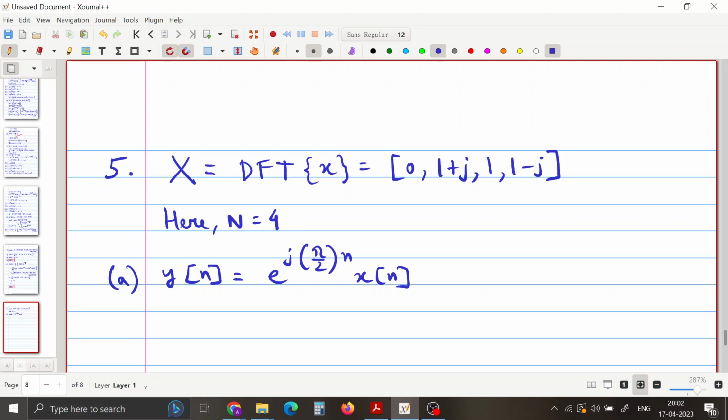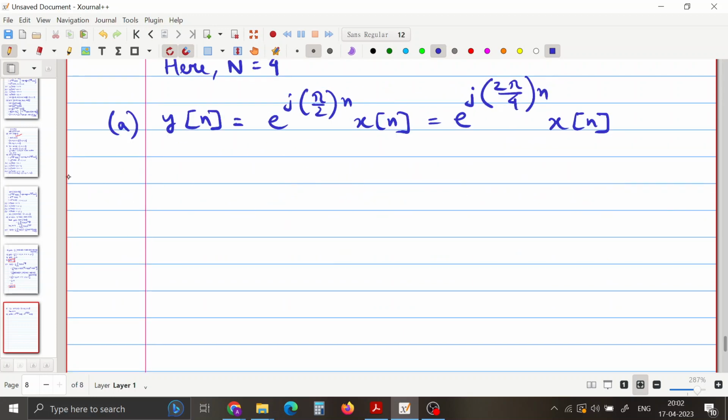Here cap N is 4, so we can also write it as 2 pi by 4 n times x of n. See, now you have expressed it with the denominator 4, which is cap N, in the desired form. And now just simply use the DFT property, that's it.